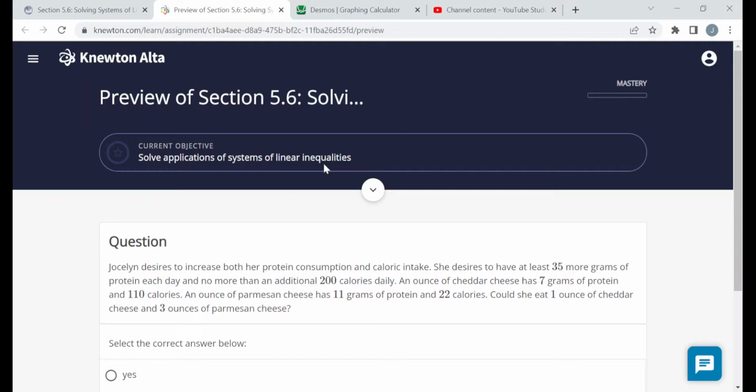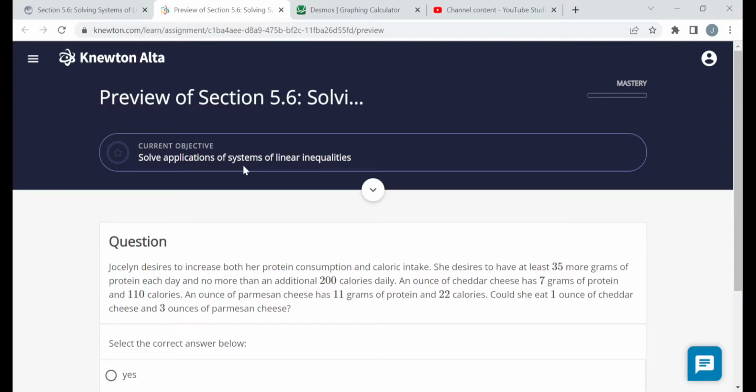Remember, you graph the boundary line, you make it solid or dashed, and then you pick a point on either side of the boundary line, check to see if it's a solution, and if the point you pick is a solution, then that side has all the solutions. You shade that side. If the point isn't a solution, well then, the other side of the line is the side you'll shade, the side with all the solutions. So I'm hoping you remember how to graph linear inequalities. I'm assuming you do.